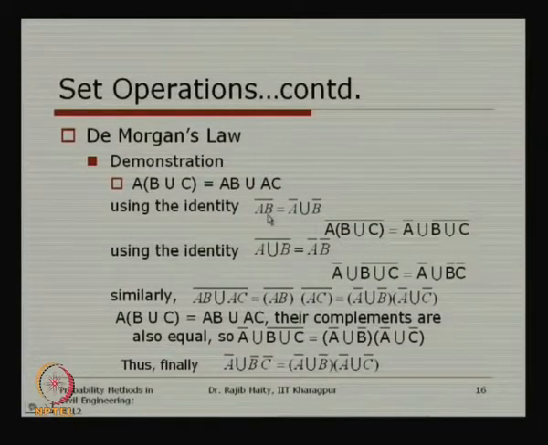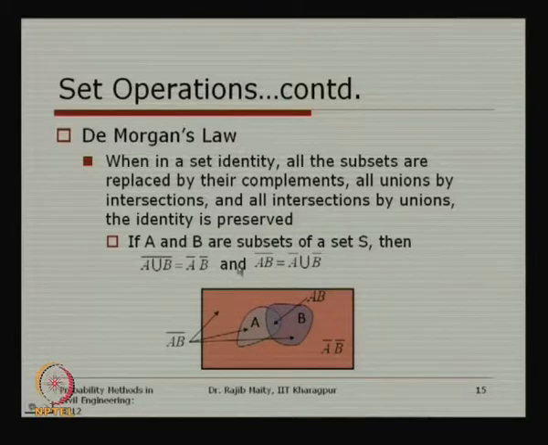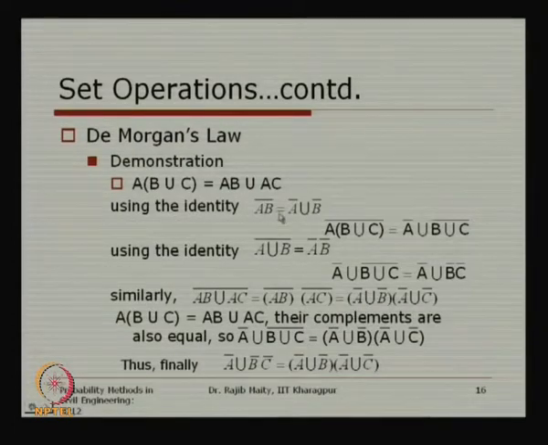In the previous slide we showed that A intersection B complement is A complement union B complement, and we described this with a simple Venn diagram. Using this relationship, if we want to put A intersection B union C full complement, then this is one set A, and B union C is another set.